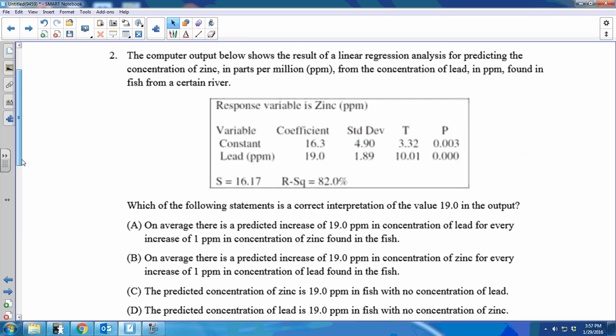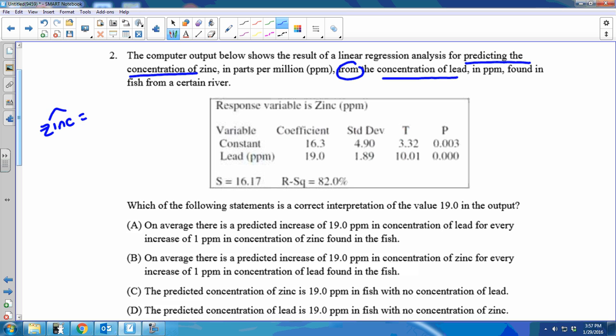All right, number 2. The computer output below shows the results of a linear regression analysis for predicting the concentration of zinc, in parts per million, from the concentration of lead found in a fish from a certain river. This is very important so you don't get the question backwards. That means we're going to have zinc hat equals. It says, which of the following statements is a correct interpretation of the value of 19 in the output? So here's the 19.